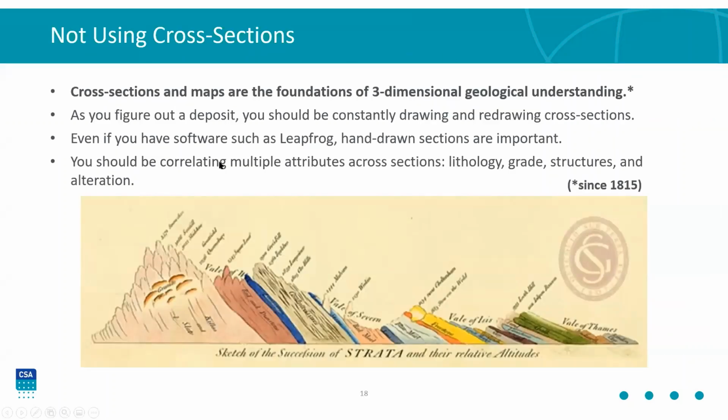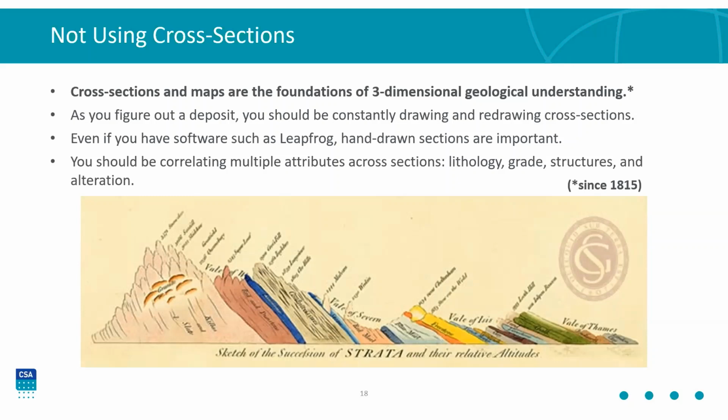A third one that I do occasionally see is people not using cross sections, and I would say that cross sections in combination with maps are the foundations for three-dimensional geological understanding ever since William Smith's map of 1815.